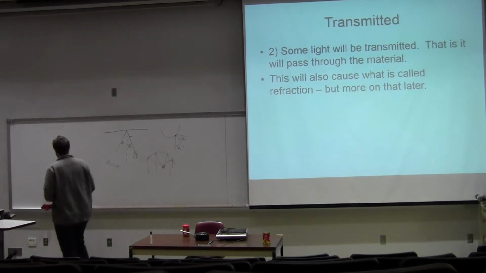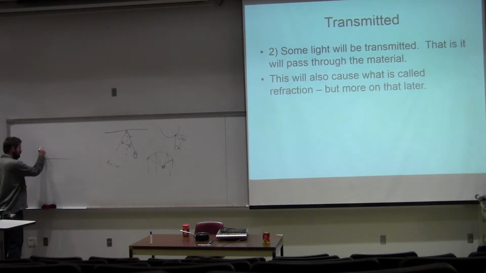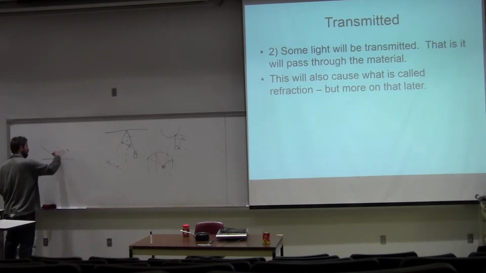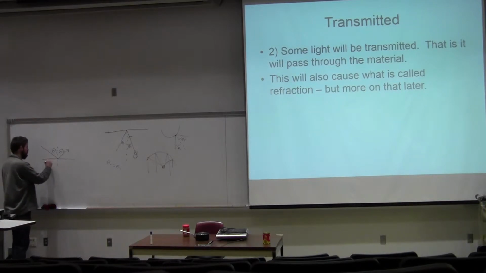So some of the light, if I have light from air going into water, some of that light will be reflected, like so. Some of that light will pass into the water. We call it transmitted.